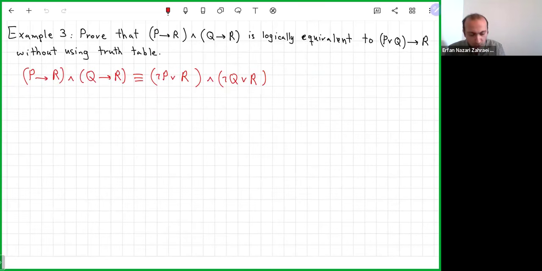So basically, let me use distributivity law to actually take this common thing out. So if I take that common thing out, I have this written out, and then I have this and this, not P and not Q.